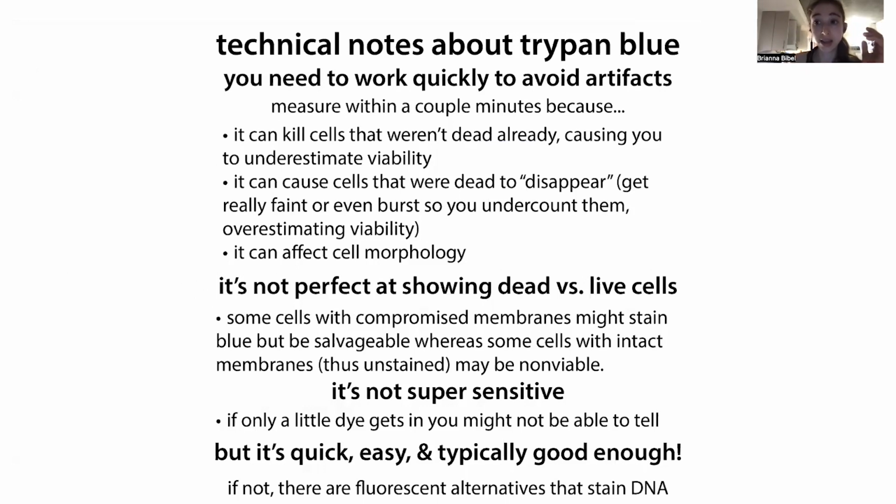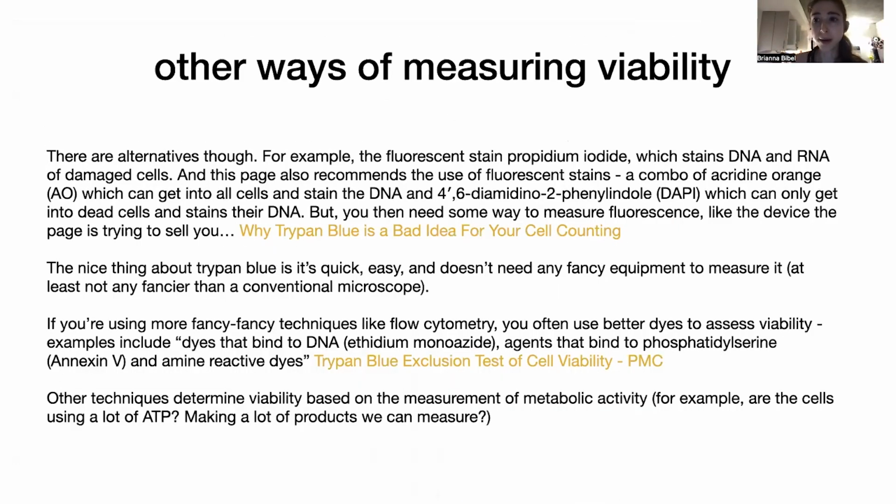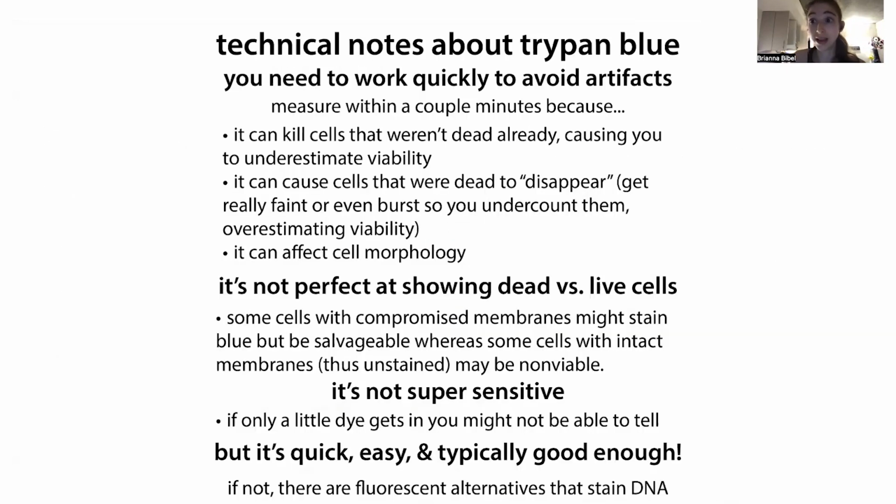If people are doing things like fluorescent sorting, and they're already using some sort of fluorescence machine, then there are better alternatives for determining cell viability. I'll talk about that in a minute. But bottom line, when you're just doing cell culture, if you just need a basic idea of the relative concentration and relative viability of the cells, then Trypan blue is typically perfectly fine.